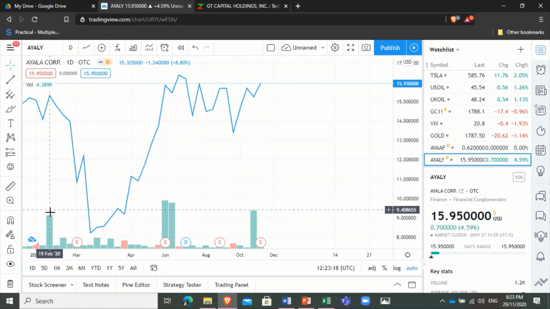Ayan, no? Makikita ninyo, umabot ng, I think this is at least 4 million in terms of trade. 4.3, I think this is not just in thousands, no? This is in millions. Okay?